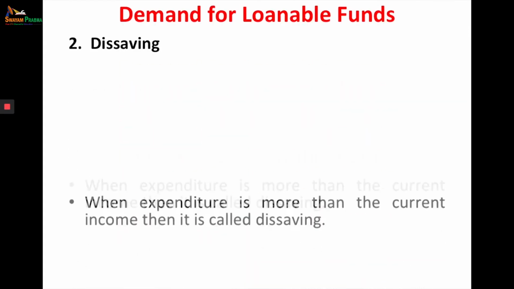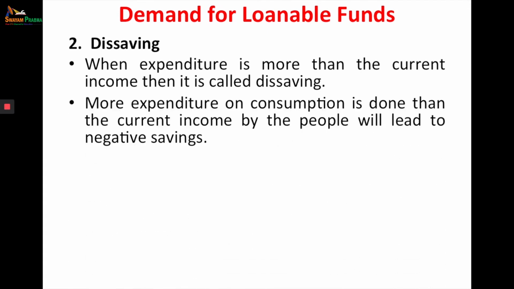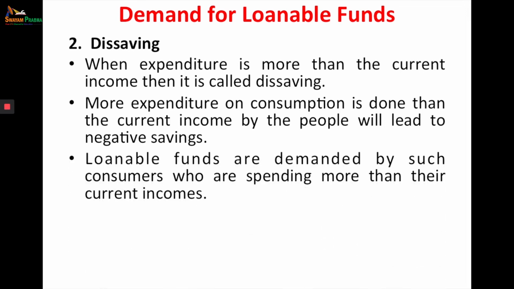The second important part is dissaving. When expenditure is more than current income, it is called dissaving. Means when more expenditure on consumption is done than current income, people have negative saving, when your consumption is more than your income. This is called dissaving.